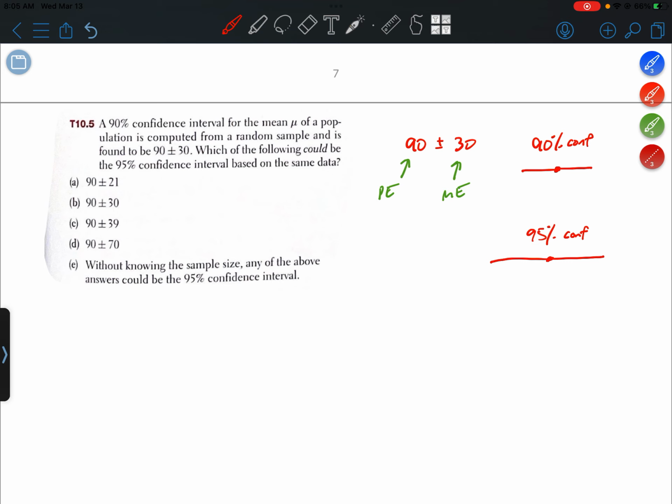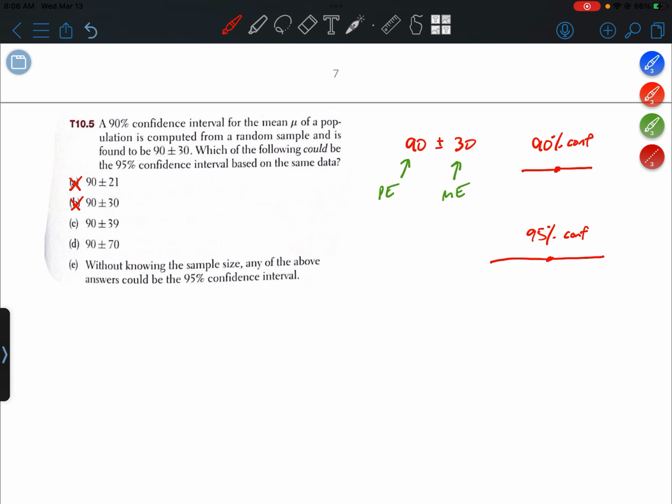So I'm going to go through these answer choices. I'm going to look for one that would produce something wider than 90 plus or minus 30. So plus or minus 20 would be narrower, plus or minus 30 would be the same width. Okay, plus or minus 39, plus or minus 70. Okay, both of those would be wider. 70 seems like a pretty big number.